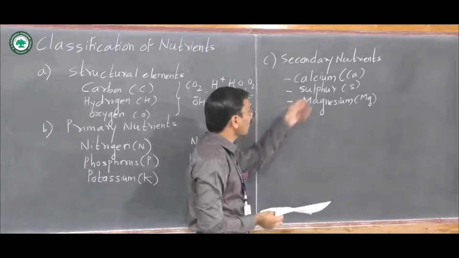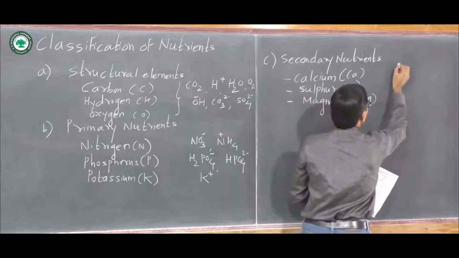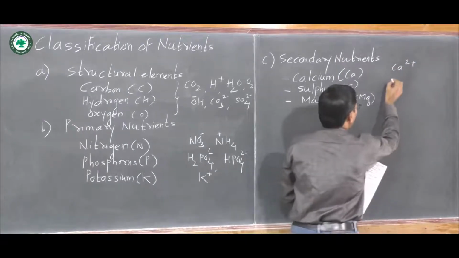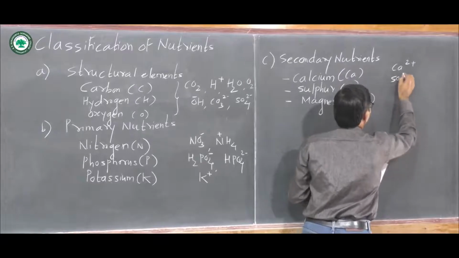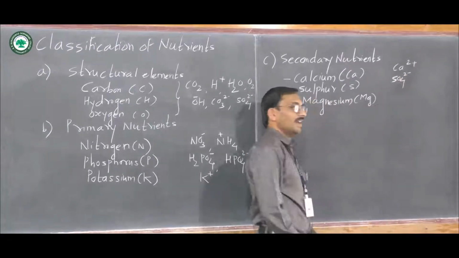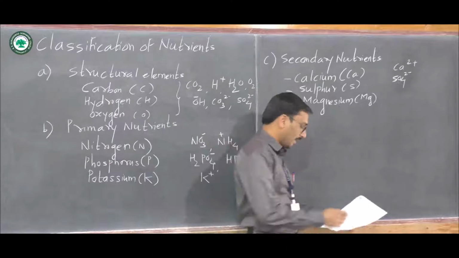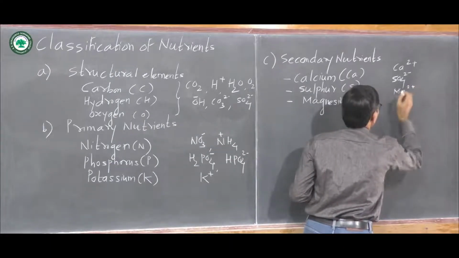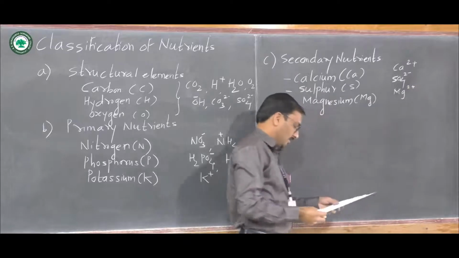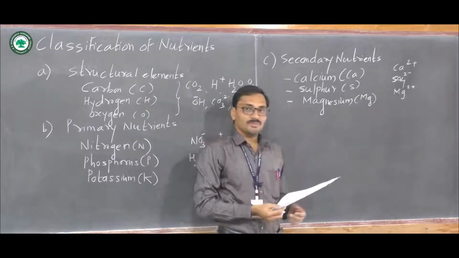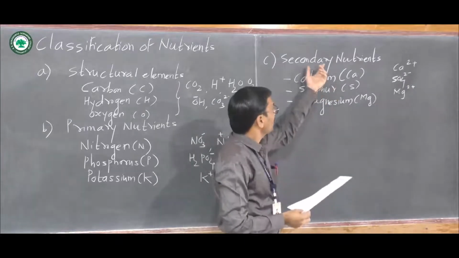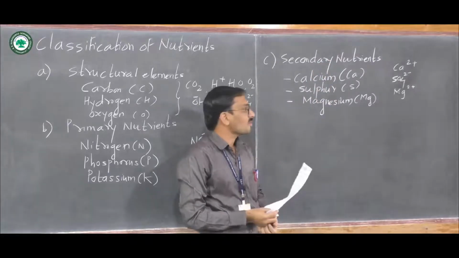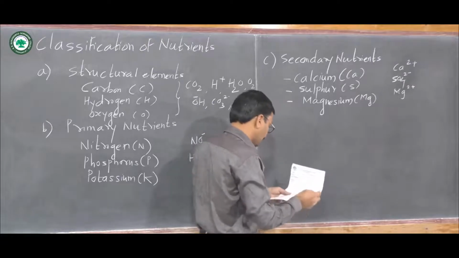Plants absorb calcium in the form of Ca2+, sulfur in the form of sulfate, that is SO4 2-, and magnesium in the form of Mg2+. These secondary nutrients play an important role in the formation of plant tissues.